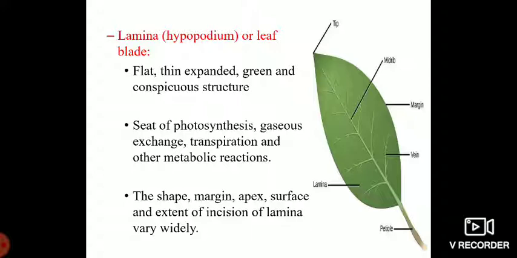The shape, margin, apex, surface and extent of incision of lamina varies widely between different species. Okay, when we study the types of leaves, you will come to know about the incision of leaves. When the lamina is entire, it is known as simple leaf, and when it has been broken down into small segments, that type of leaf is known as compound leaf.